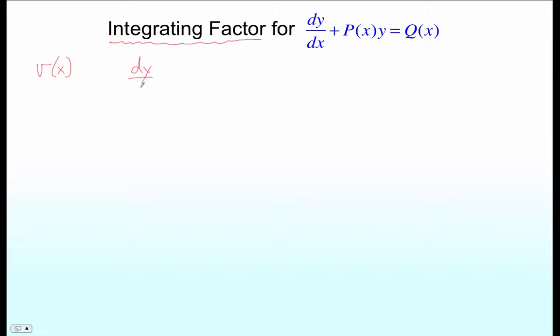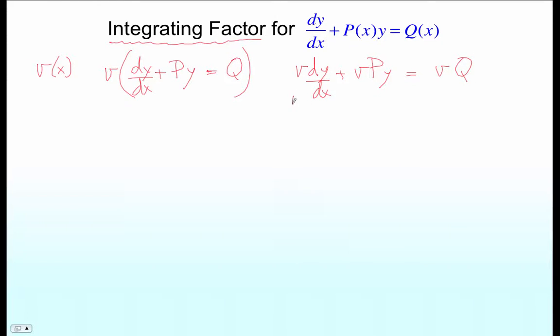So let me write the equation up above exactly the way it is. dy by dx plus py is equal to q. And now let me multiply both sides of this equation with v. So this is v times dy by dx plus v times py equals vq.